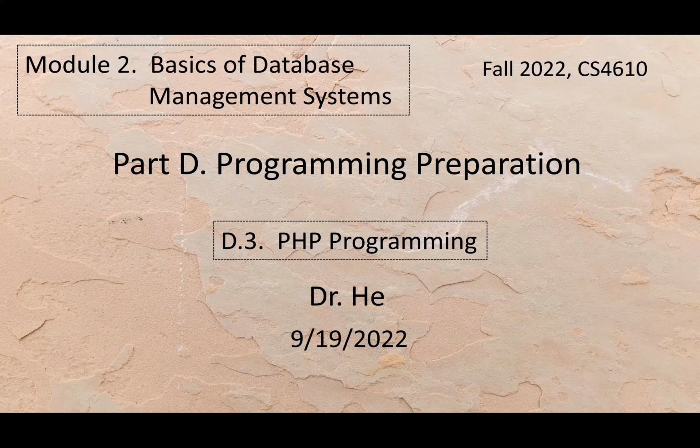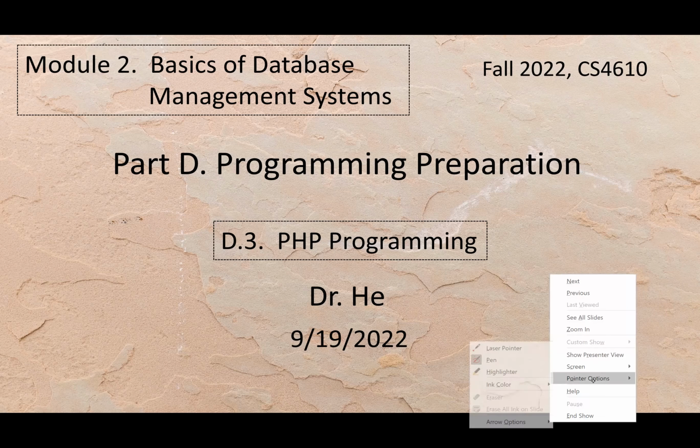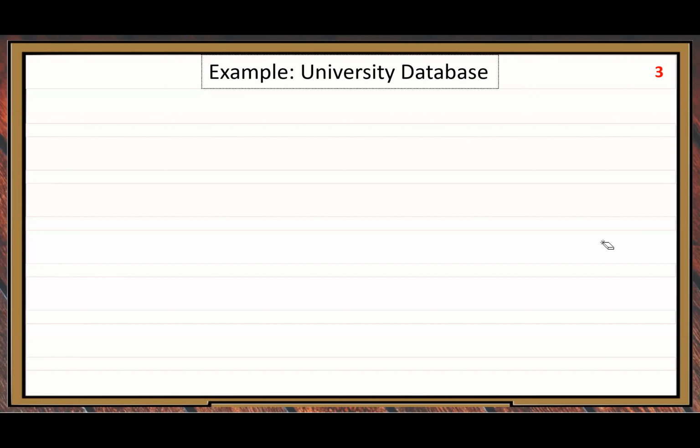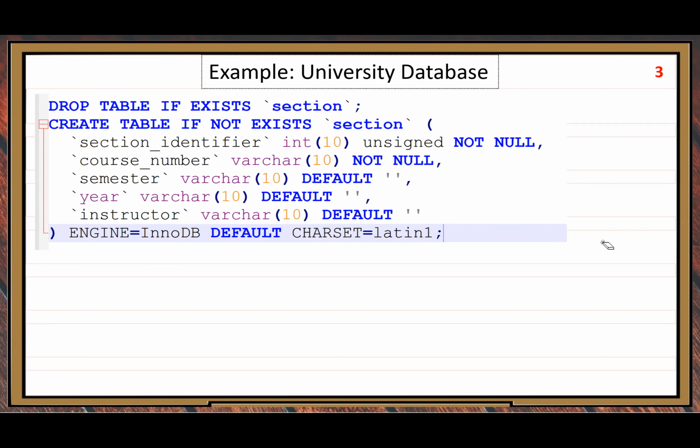PHP programming. So we can learn pretty fast. First, before I explain the code, I just want to look at one table in this university database, one example, the section table.